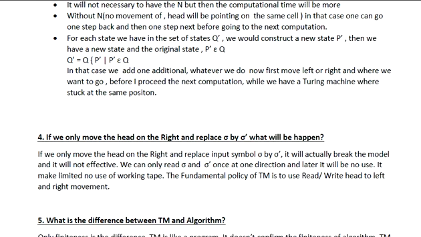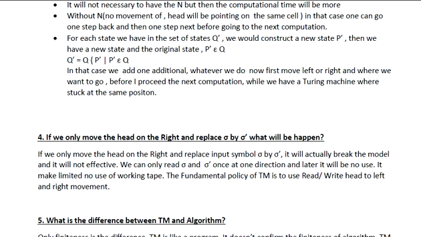Now the next question is, if we only move the head to the right side and replace sigma by sigma prime, what will happen? If we do that, moving the head only to the right and replacing the sigma symbol by sigma prime, then it will break the model, and it will not be effective.